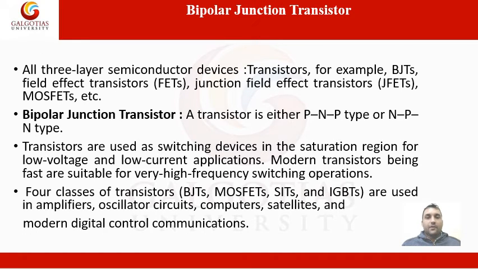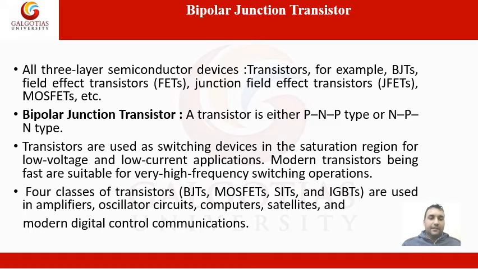Next is the bipolar junction transistors. There are three types of semiconductor device transistors, for example, BJT, field effect transistors FET, junction field effect transistors that is JFETs, and MOSFETs, etc. A bipolar junction transistor is either PNP type or NPN type.